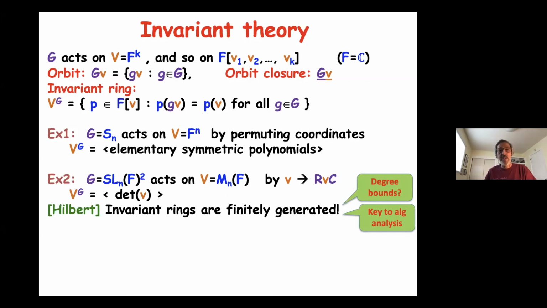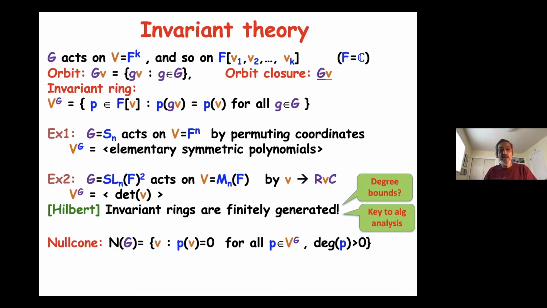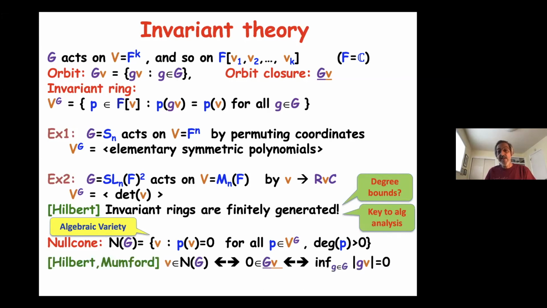And the last one I wanted to say, because we will soon meet it again, is the null cone. The null cone of a group action is all vectors in the vector space which vanish under all invariant polynomials. That's the null cone of a group action. It's an algebraic variety. And it turns out to have also a very interesting analytic definition, which we will also see.